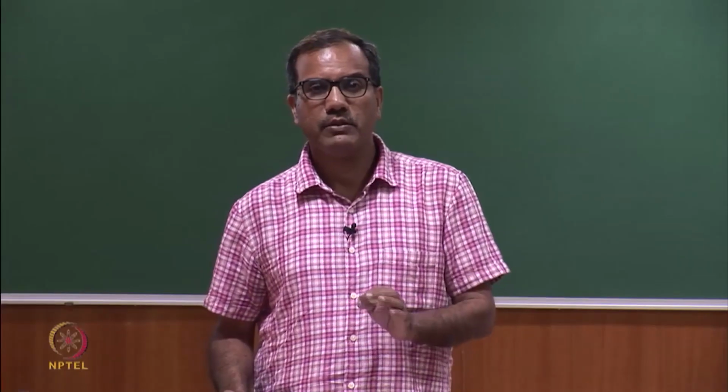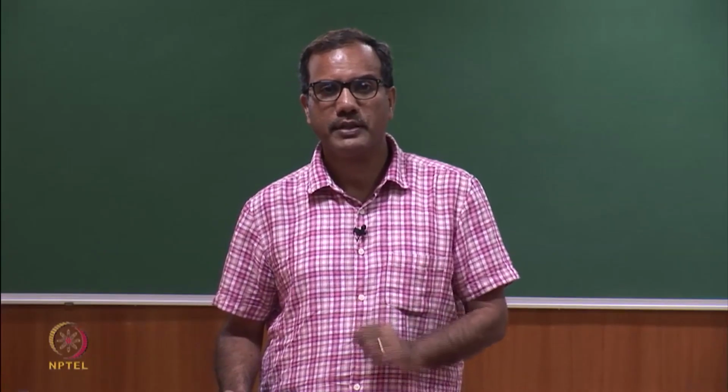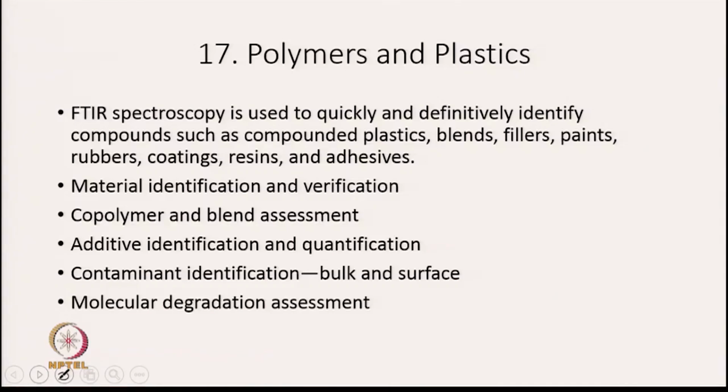FTIR can also be used in the polymers and plastic industry. It can quickly and definitively identify compounds such as compounded plastics, blends, fillers, paints, rubbers, coatings, resins and adhesives. It can be used for material identification and verification, for copolymer and blend assessment, for additive identification and quantification, and for contaminant identification.